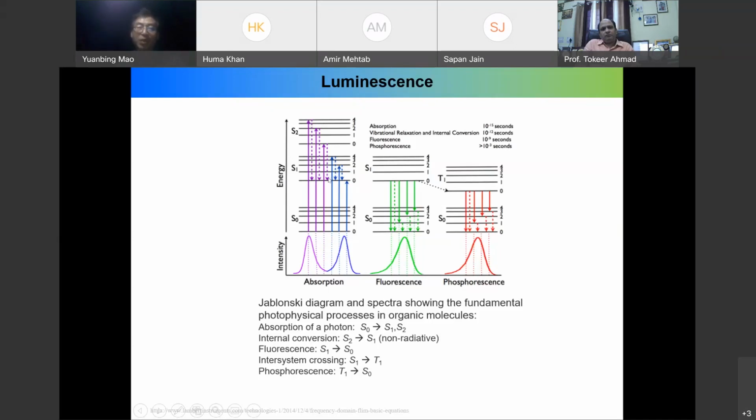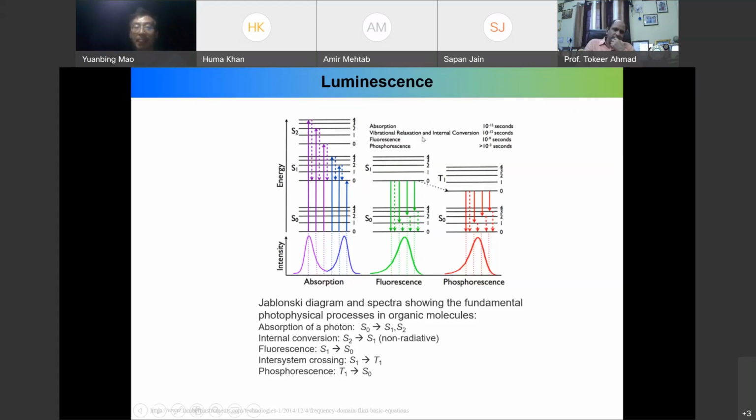Once the material absorbs the light, many processes happen in the material. One of these is related to fluorescence. Of course, there will be other processes as well. After the absorption, inside the material there will be vibrational relaxation and also internal conversion.